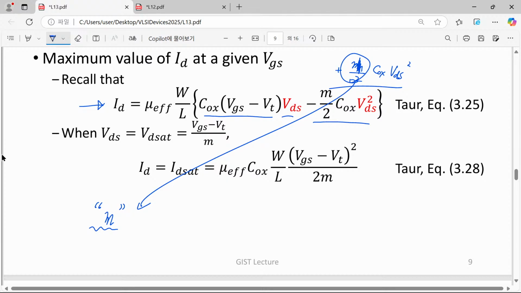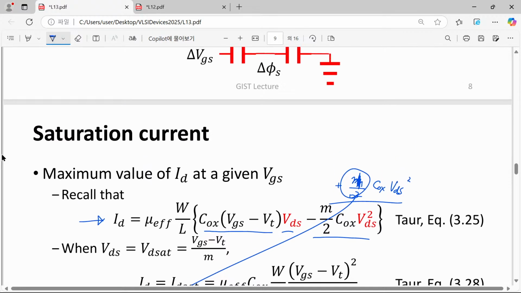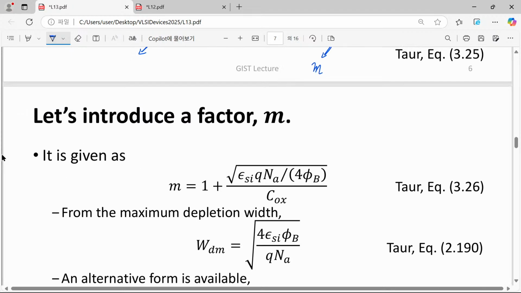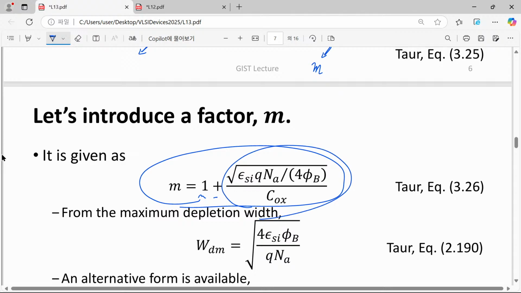However, in our previous course, we wanted to make our life simple. Please have a look at this one, the form of m is given this way, as 1 plus something, and usually this something is the one we wanted to minimize.